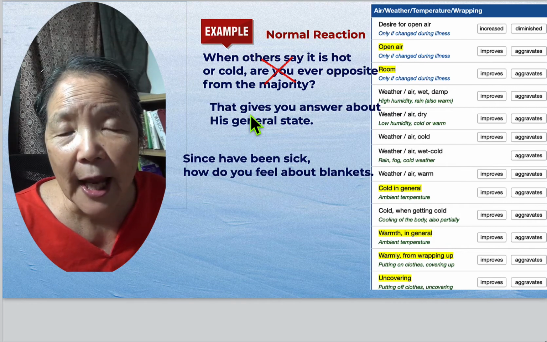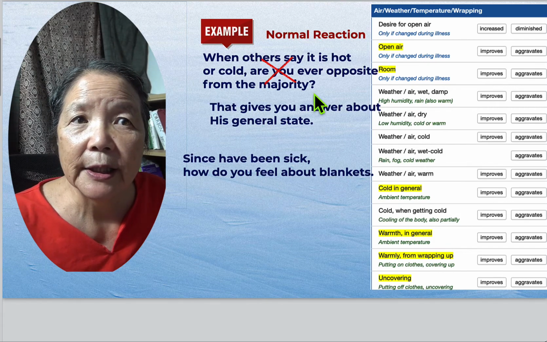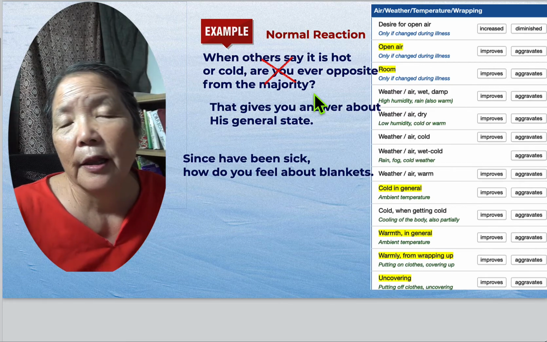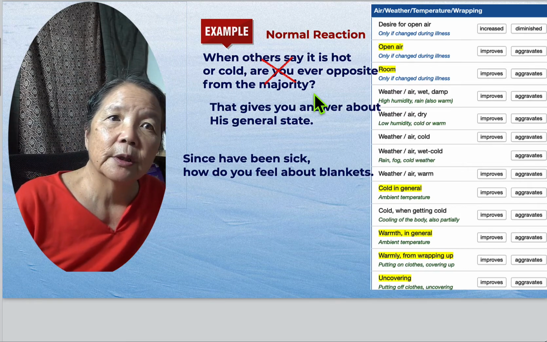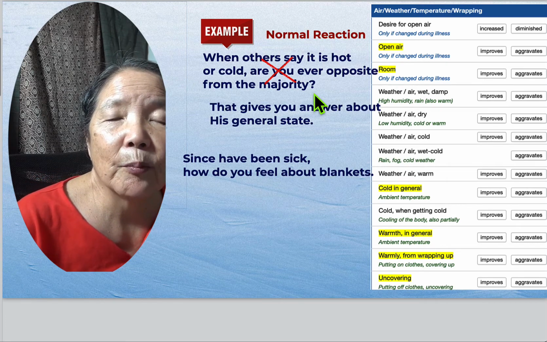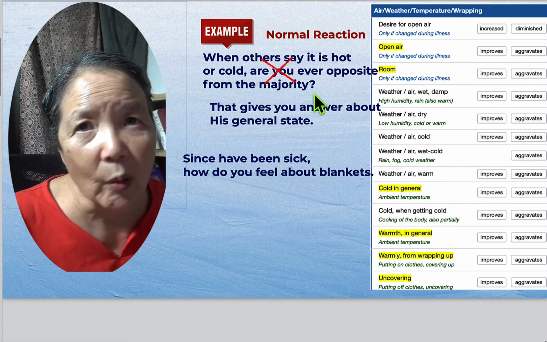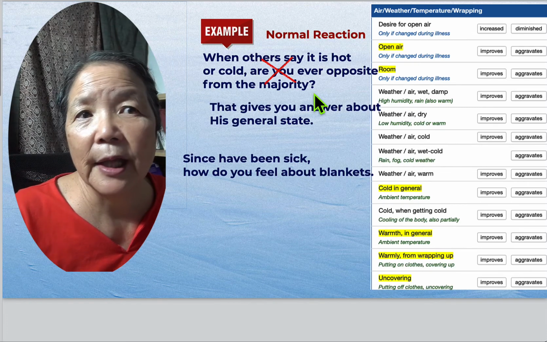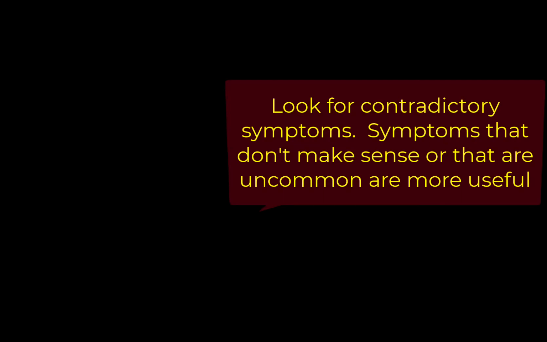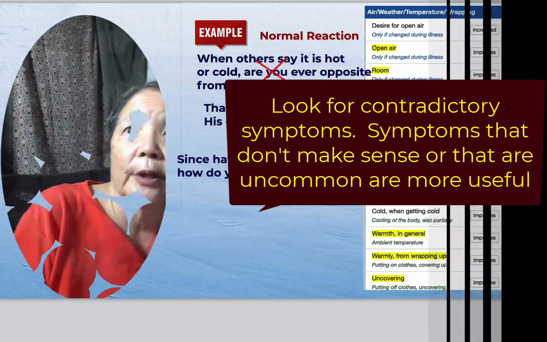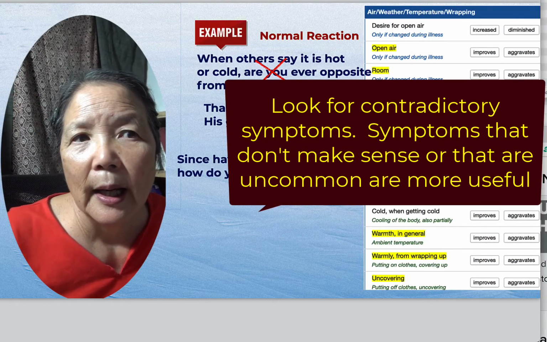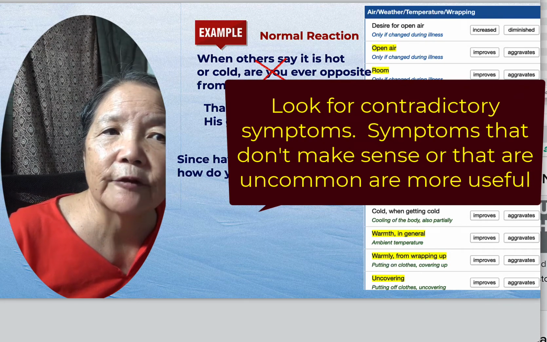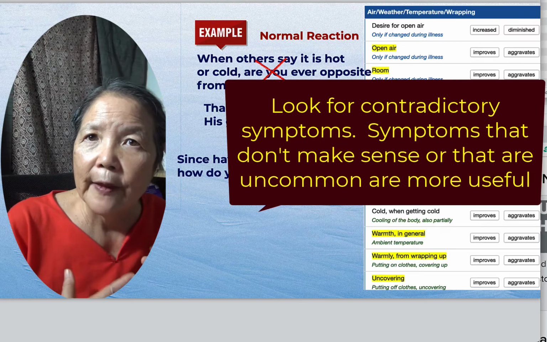Patients will often answer you telling you how they normally are. They take off their coat more quickly than other people, or they wear fewer clothes than other people who are colder, meaning that they're normally warm. But you, in this case, want the information about when they are sick.